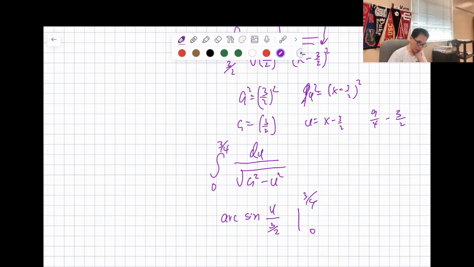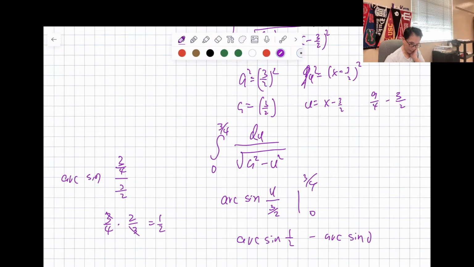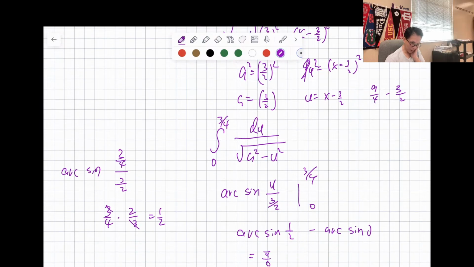So what's arcsine of 3 over 4 divided by 3 over 2? 3 over 4 times 2 over 3. So the 3s cancel out. That's equal to 1/2. So that means arcsine of 1/2 minus arcsine of 0, which is pi over 6.